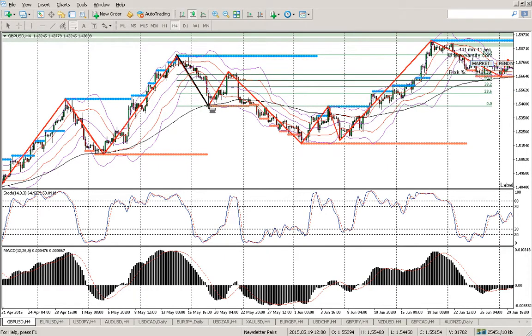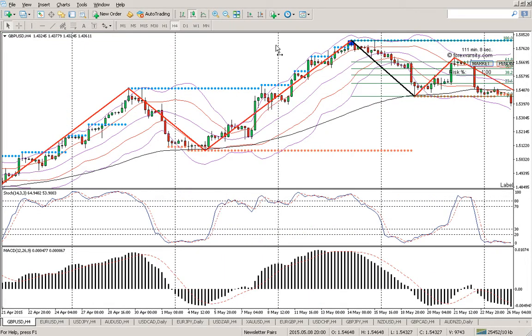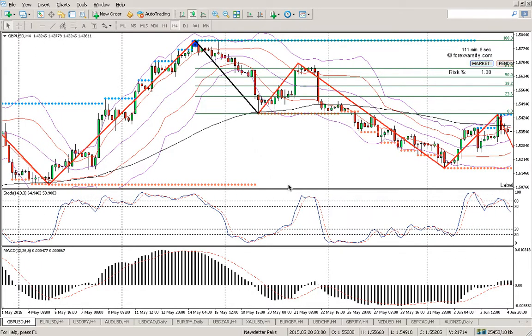I would analyze again. And now, this is also the nice thing with the MACD: even if the MACD wasn't above the equilibrium line here, you could see that it was still underneath. So the trend was still strong, going down strong here, because the MACD was still under the equilibrium line.